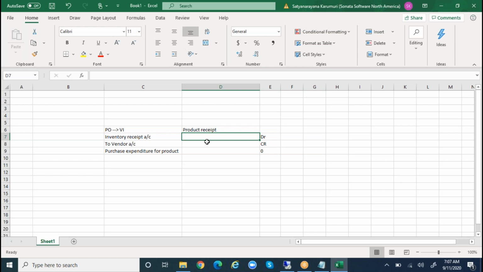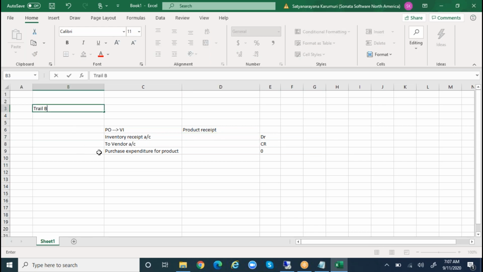Now suppose the trial balance is being verified by the CFO or CEO or finance manager. The inventory value is showing 25 lakhs roughly.